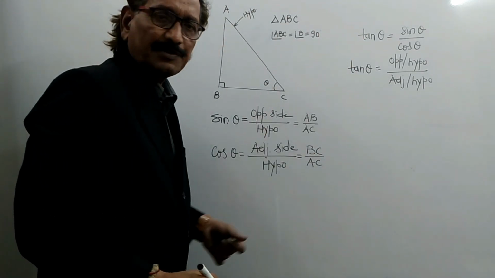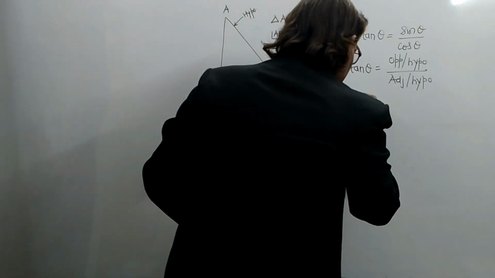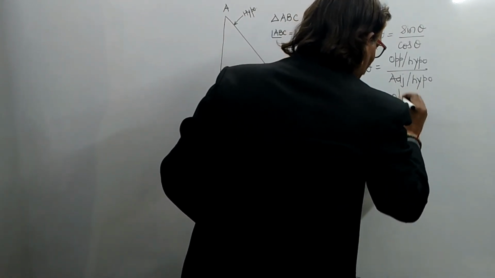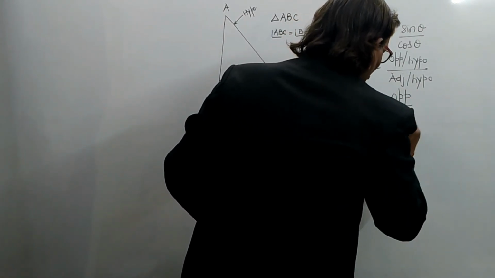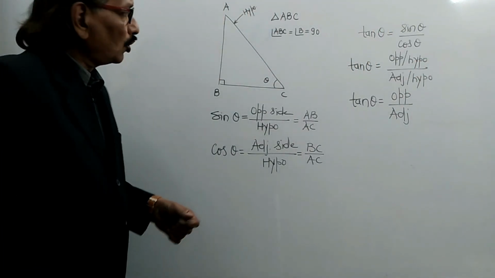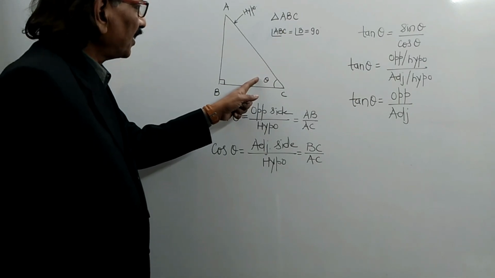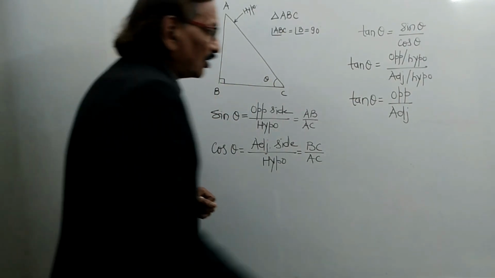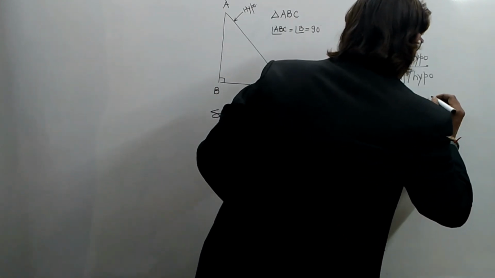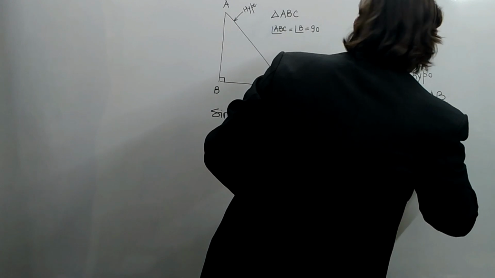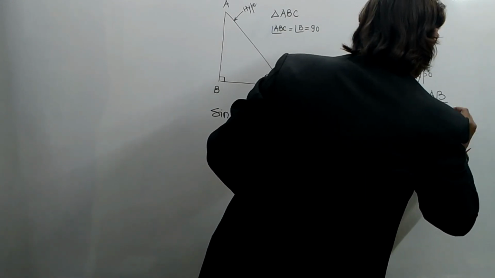Hypotenuse cancels. We can directly write tan theta is equal to opposite upon adjacent. So in case of theta here, the opposite side is AB and the adjacent side is BC. So I can write here directly AB upon BC.